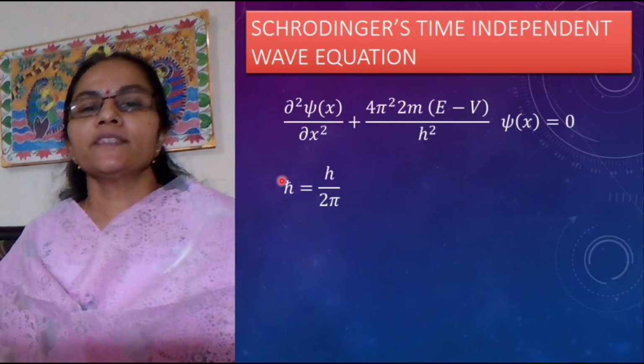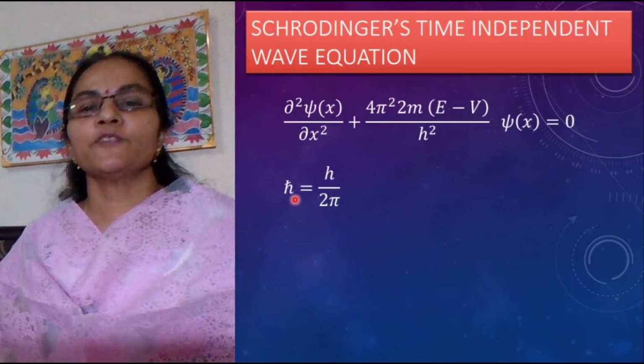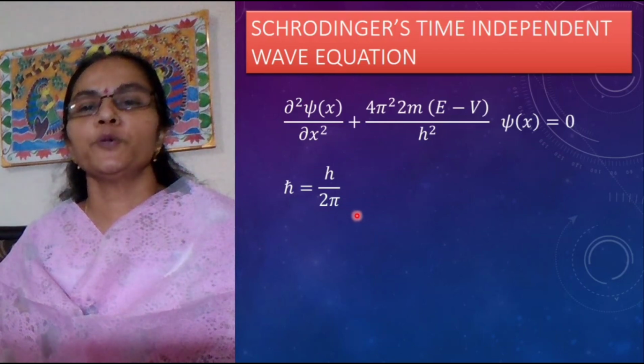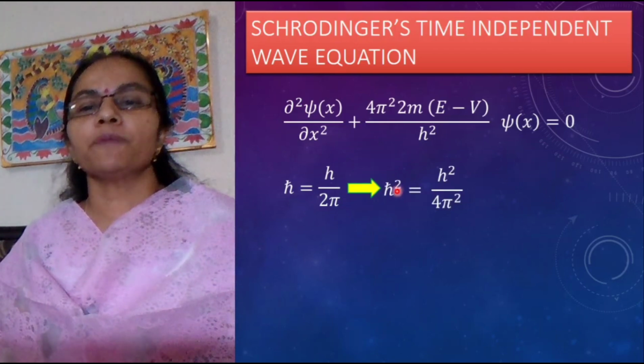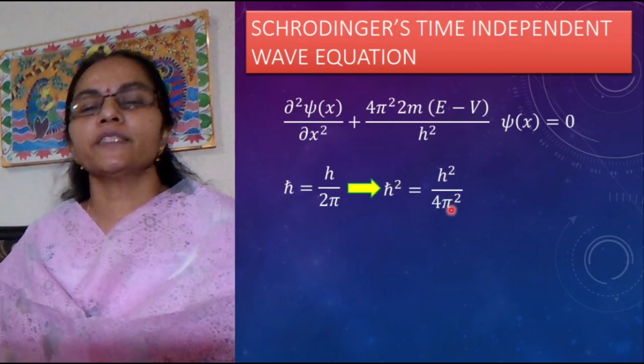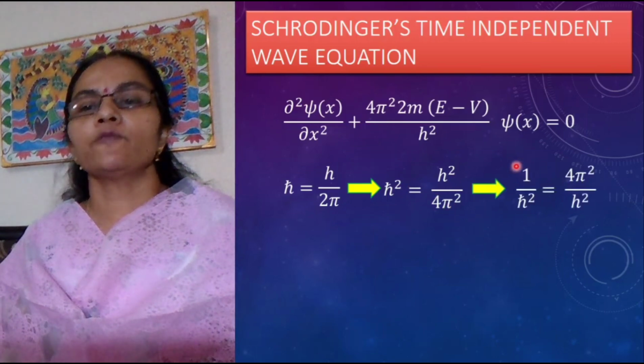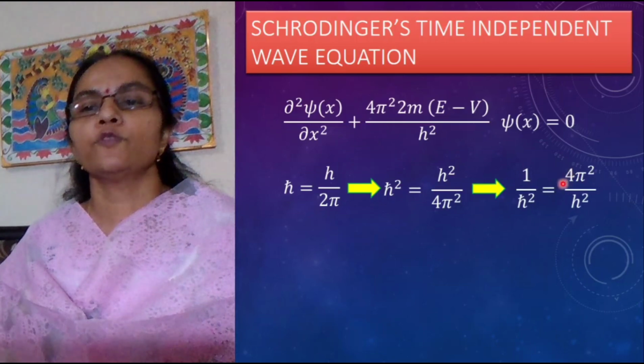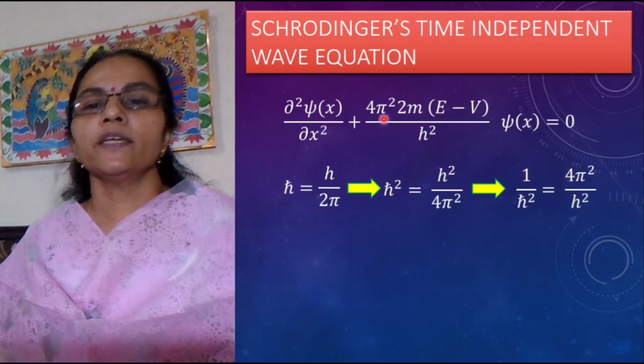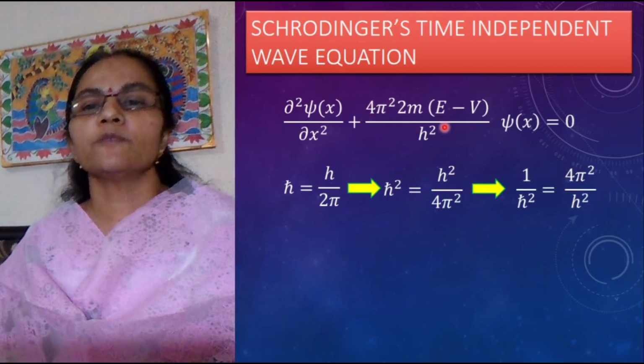Do you know what this h bar is? Yes, you are right, that is h by 2 pi. So h bar square will be equal to h square by 4 pi square, and from here I can write 1 by h bar square is equal to 4 pi square by h square. Here you can see there is a term 4 pi square by h square.